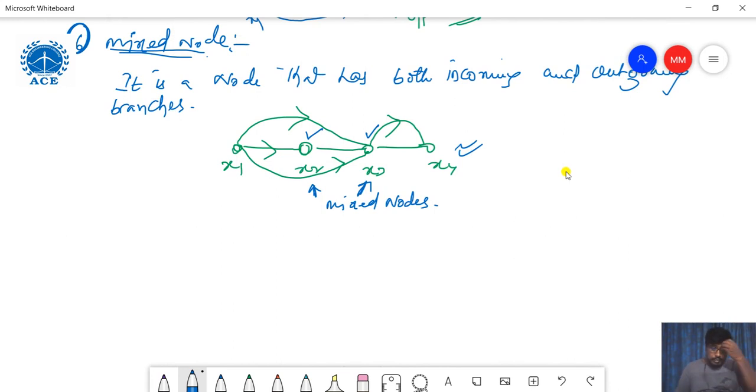Okay, next term we'll see the path. See here, a path is a traversal of connected branches in the direction of branch arrows. Okay, I repeat, a path is a traversal of connected branches in the direction of branch arrows.